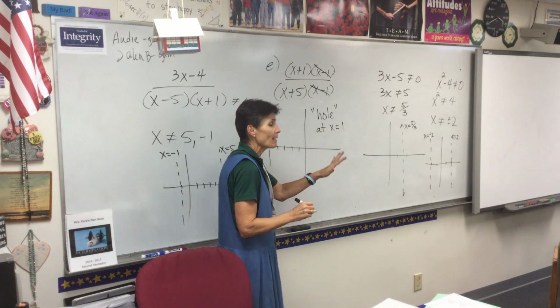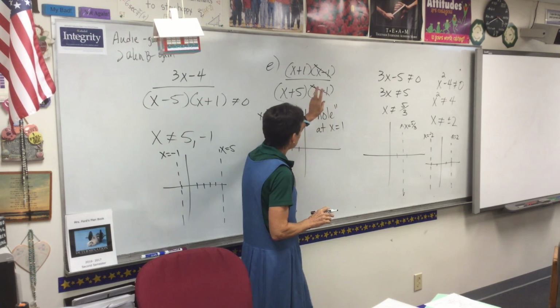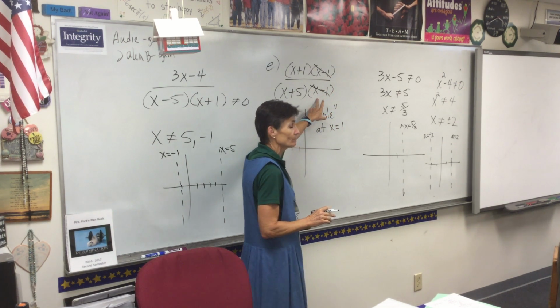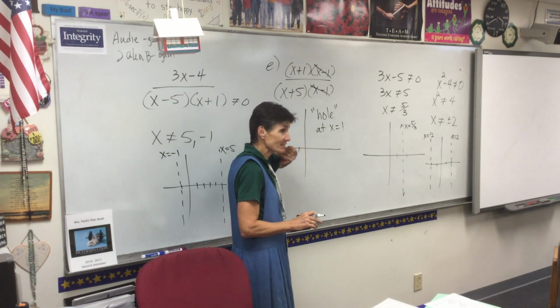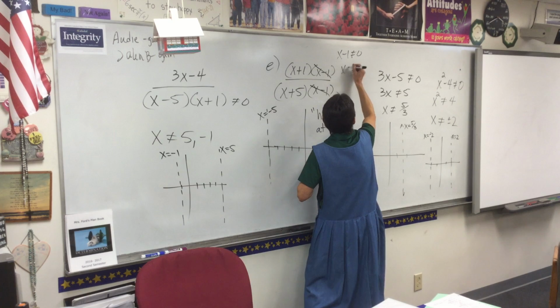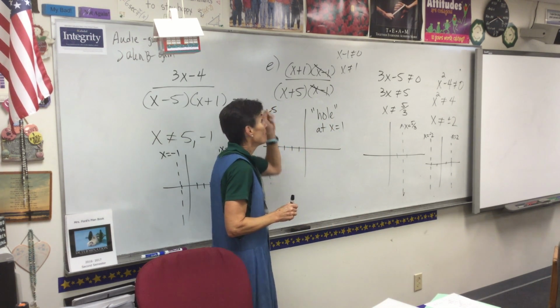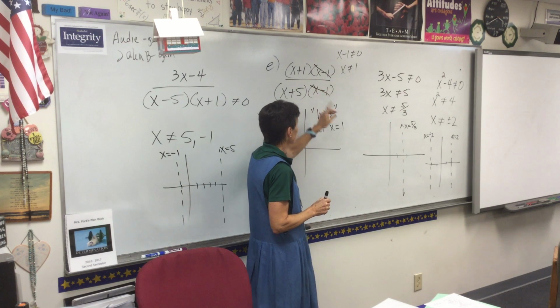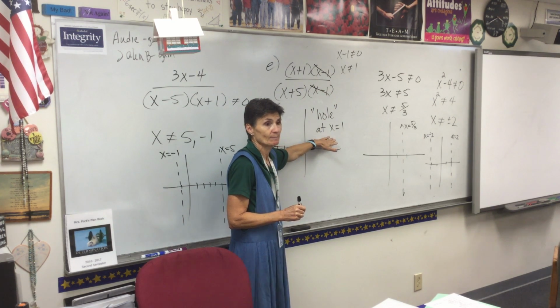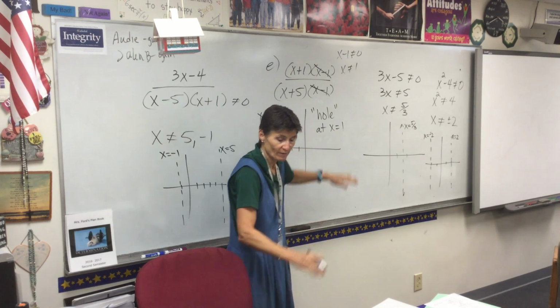You don't know what that means, and that's fine. I just want you to make a note of it. This says x minus 1 can't be 0, so x can't be 1. We should have had an asymptote there, but because it canceled out, we're going to have a hole instead. We'll talk more about that later.